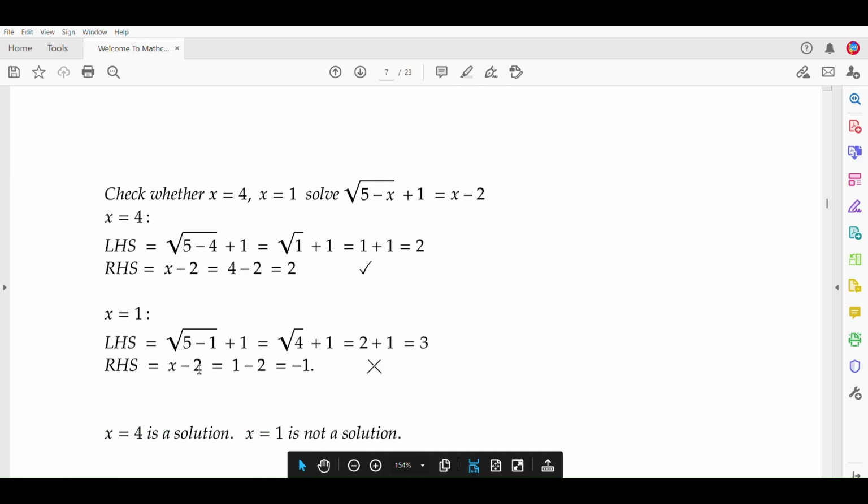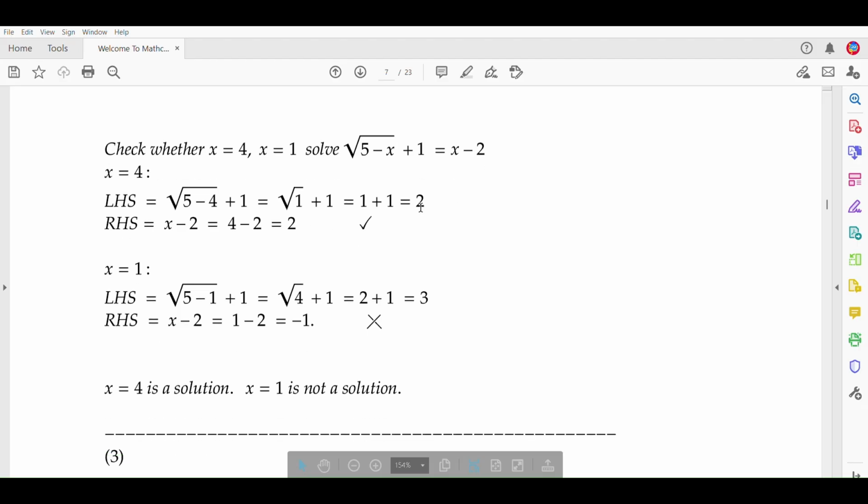That's negative 1. 3 does not agree with negative 1. So x equals 1 is not a solution. x equals 4 is a solution. Okay. So don't forget, when you have a radical equation, check your solutions at the end.